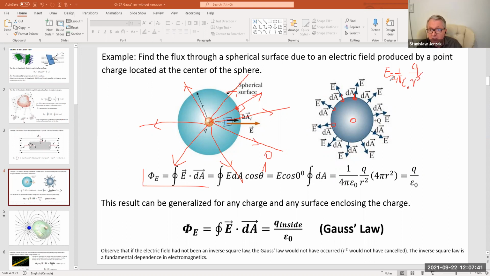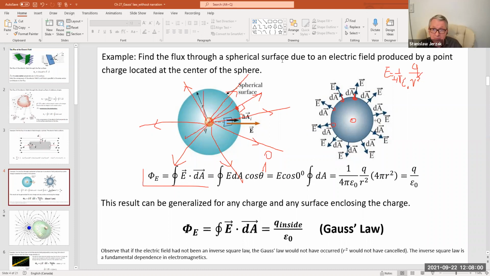As you see, the electric field due to a point charge depends only on the distance. And any point on the surface of the sphere is always at the same distance r from that charge, which is inside the sphere, at the center.